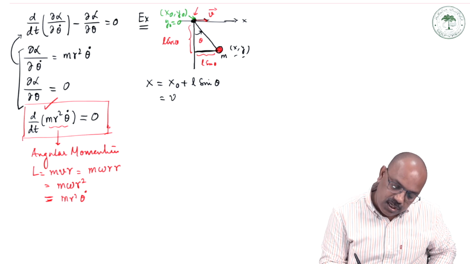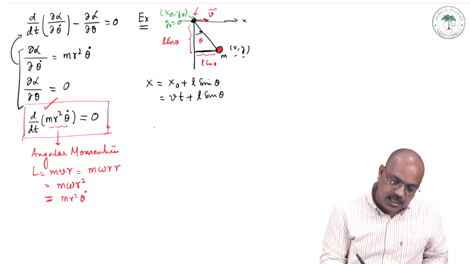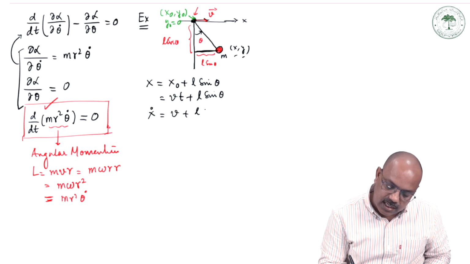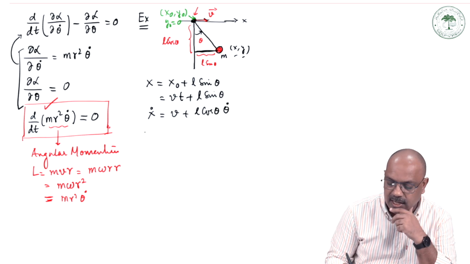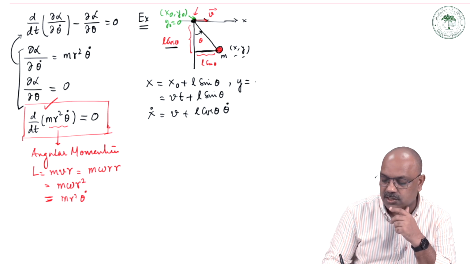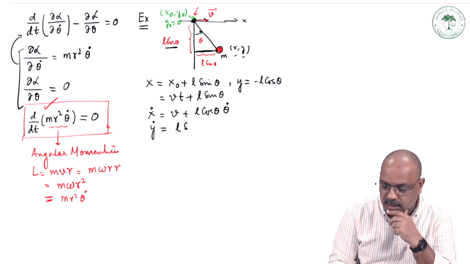So x is going to be vt plus L sin theta, and I can find x dot, which is going to be v plus L cos theta theta dot. Then y is minus L cos theta, so I can write y dot as L sin theta theta dot.